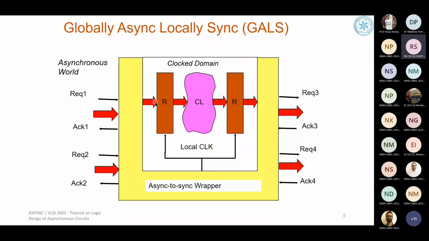The failures can never be removed, but they can be minimized to an extent that they happen once in 10,000 million years or something like that. So a very large number of MTBF, mean time between failure. That is how this system works. But you cannot claim this to be a completely error-free system.